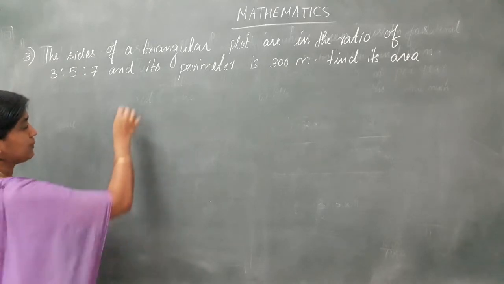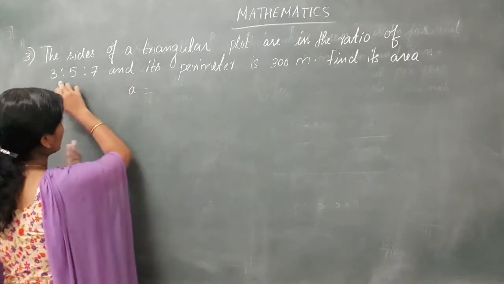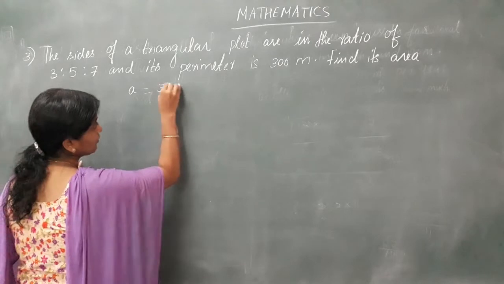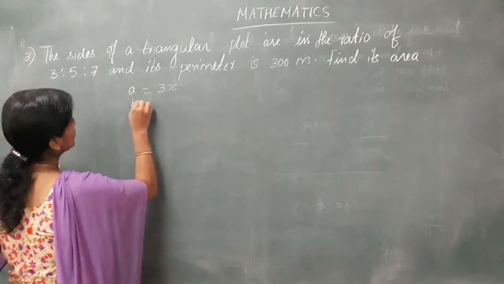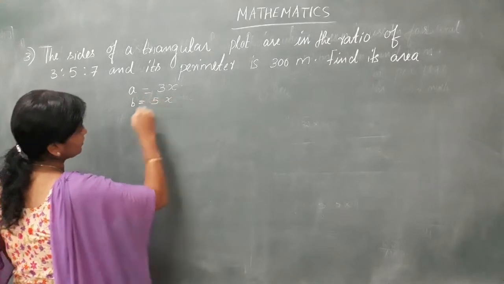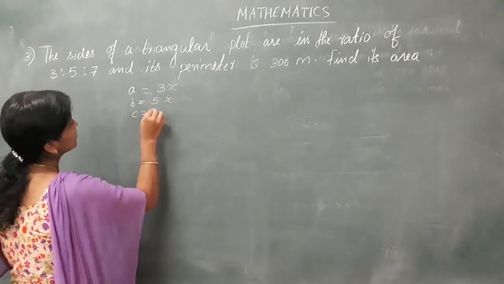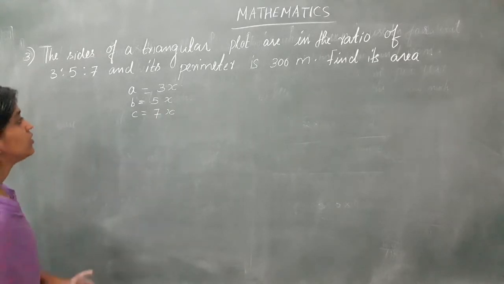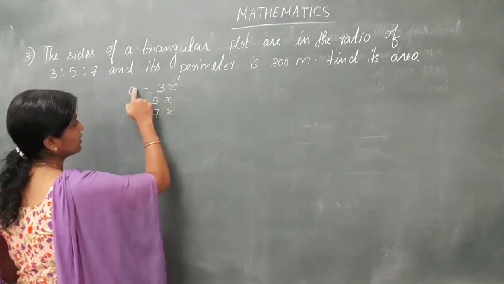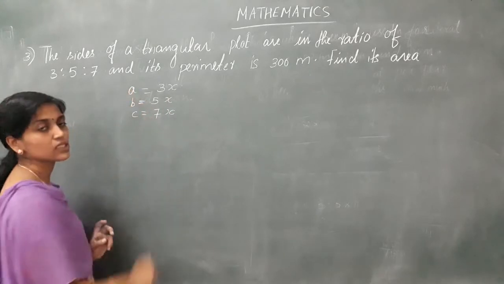So what will be A, B, C? A will be equal to the ratio given, so actual value will be some 3x. Next, B is equal to 5x. C is equal to, take it as 7x. So you have to get x to get the values of A, B and C.